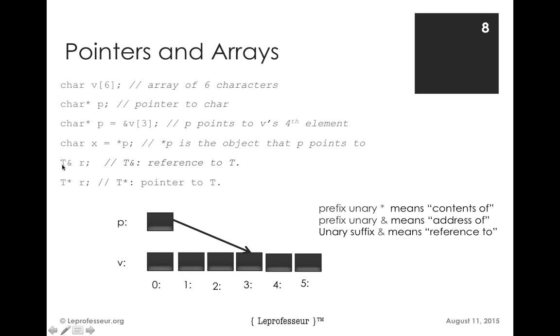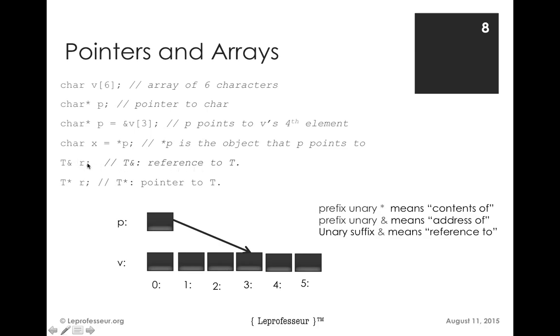Now t is some type. When you write ampersand suffixed to any type, it means a reference. It is similar to a pointer, however this cannot be null.